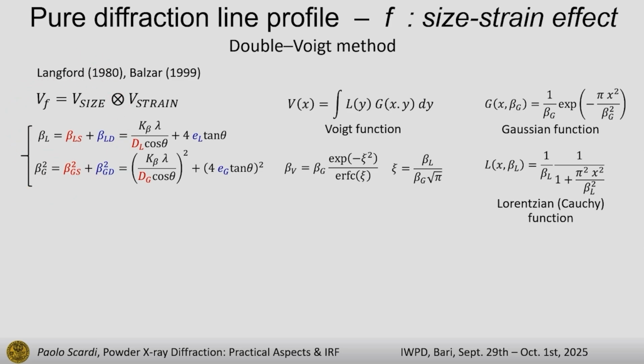The Lorentzian is linearly adding the integral breadth. The Gaussian component is adding them quadratically. So up to this point, if you don't see the rest, the second equation, this is just a definition of the function, how it works.